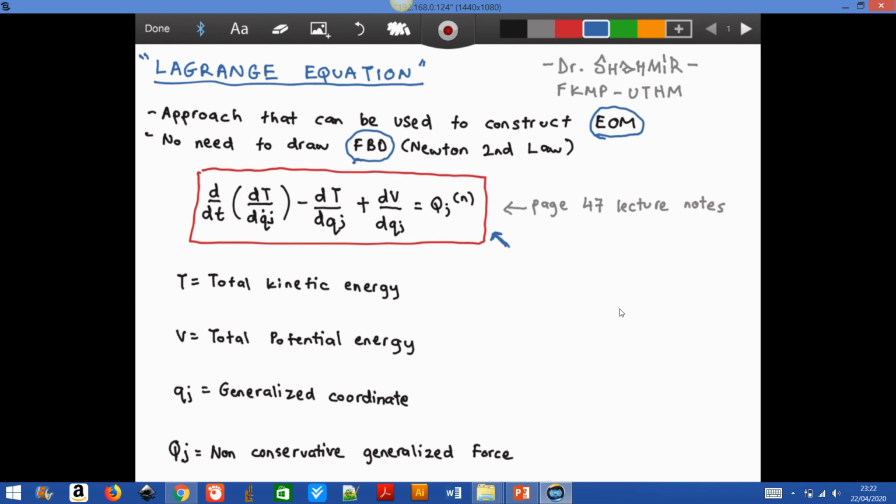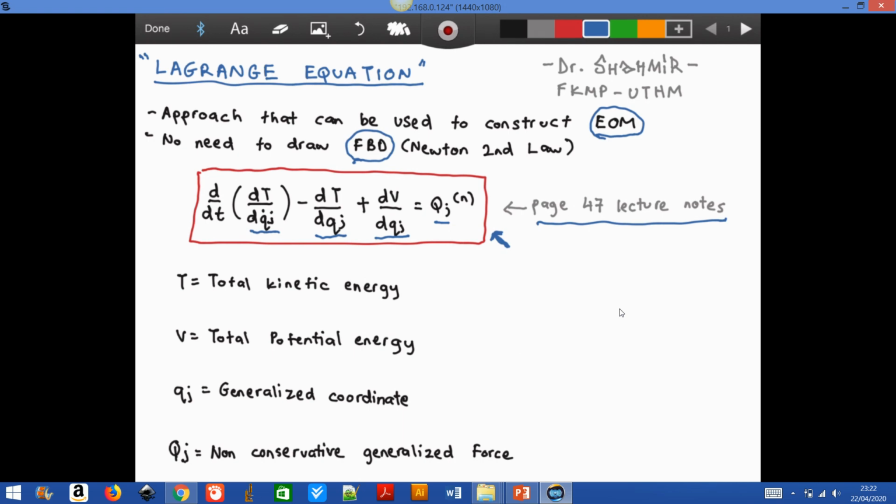Okay, this is the equation for Lagrange that can be used to construct the equation of motion, whereby you can also find this on page 47 of your lecture notes. So if you look in the box here, the equation: d over dt of dT over d q dot j, minus dT over dqj, plus dV over dqj equals Qj.